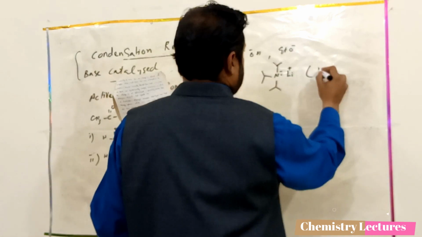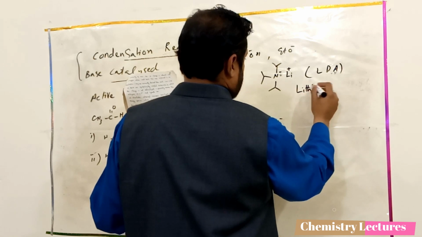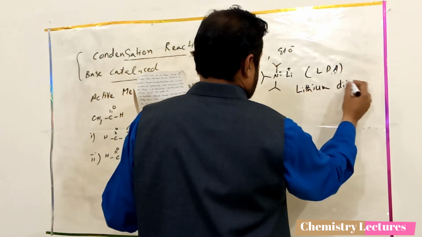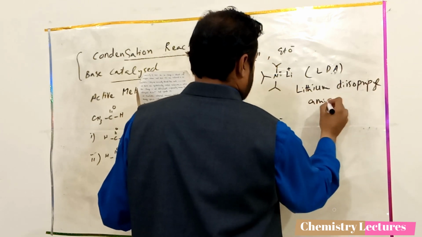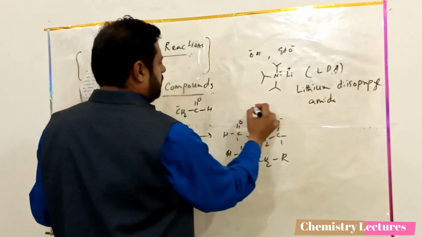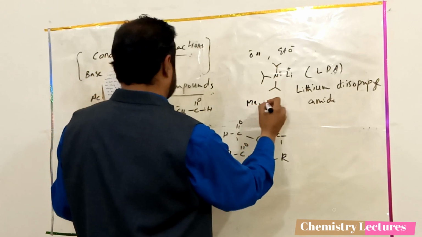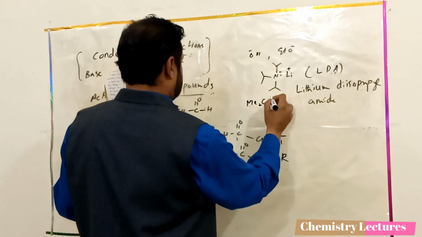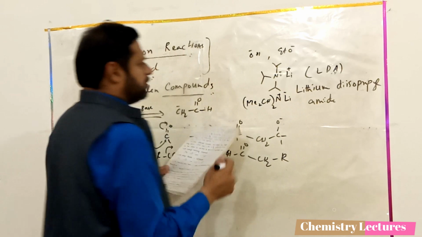This is called LDA, lithium diisopropyl amide. We can show it like this, Me twice, CH twice, and positive. Sorry.